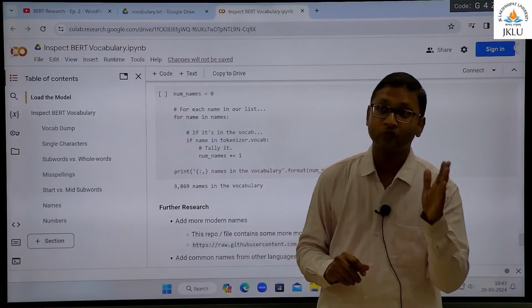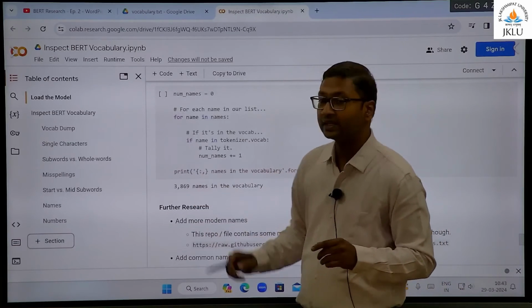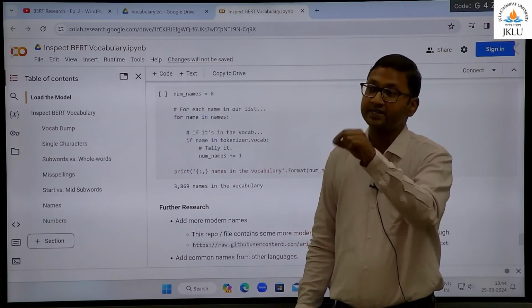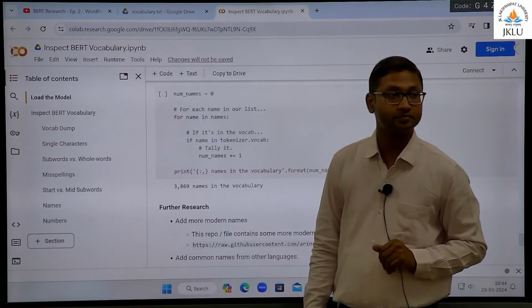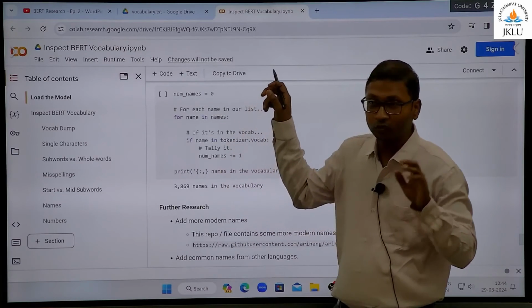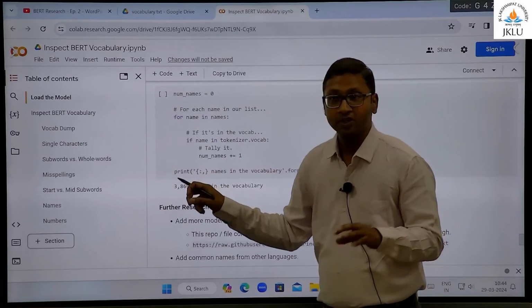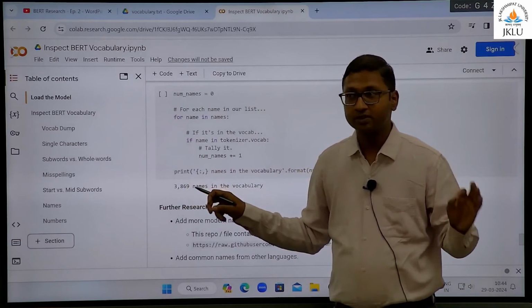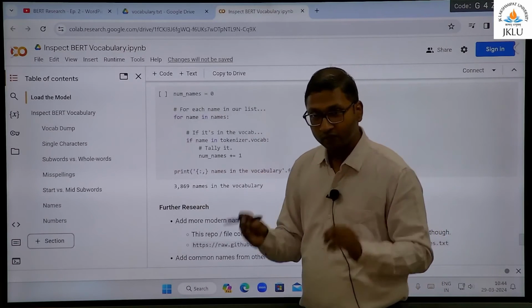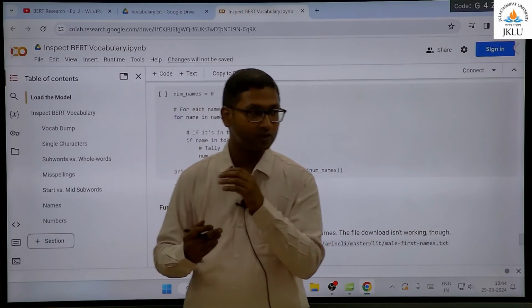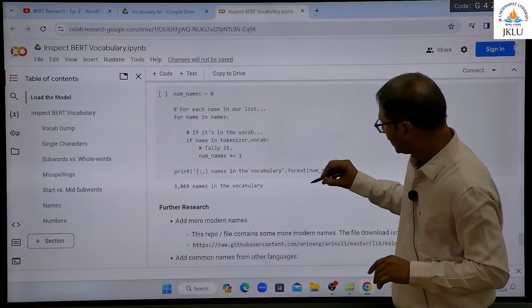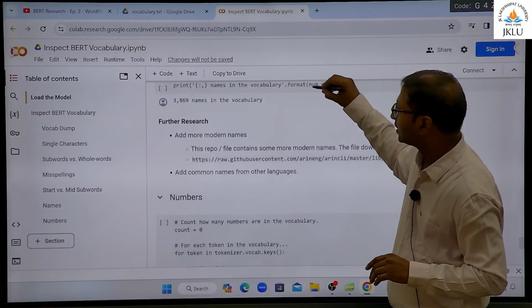So in 30,522, at least 3869 are names, because the matching was done for only 22,000 names, so roughly 8,000 might be just names. So BERT vocabulary has names, it has all the characters and so on. So it's a very rich vocabulary.